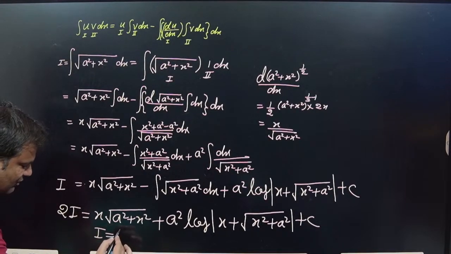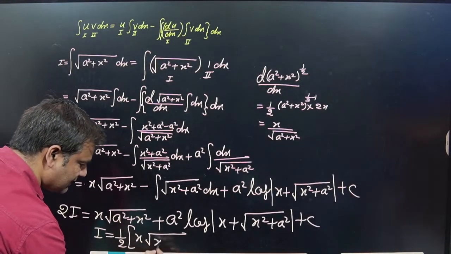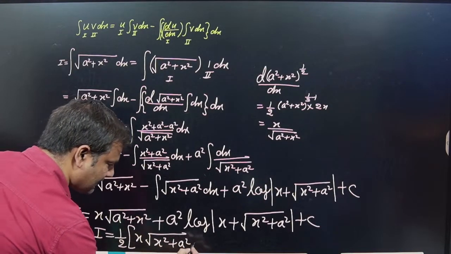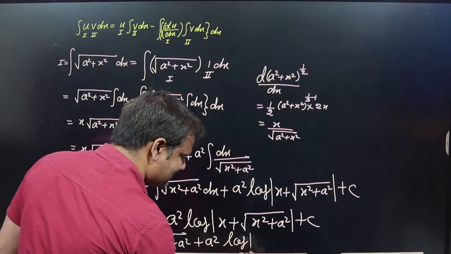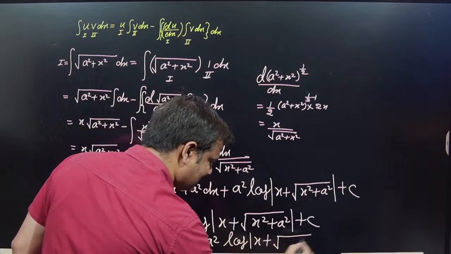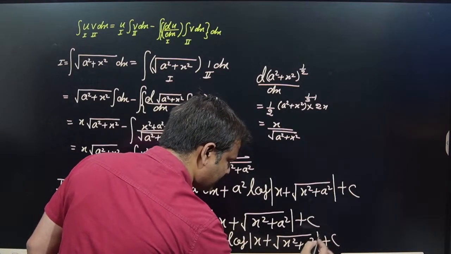I is 1 by 2 x under root x square plus a square plus a square log of x plus under root x square plus a square plus c.